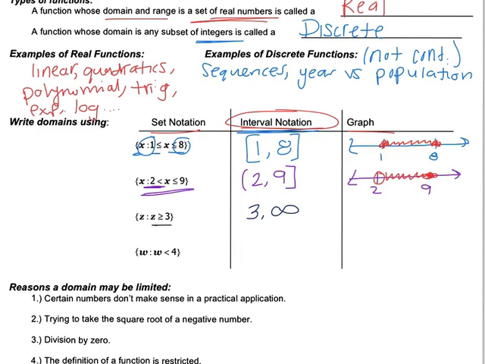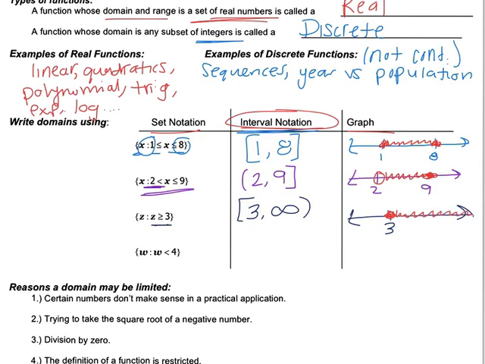So you can see that 3 is included because it can be greater than or equal to 3. So we're using the bracket to include it. You can't technically include infinity because it continues infinitely. So that's always a parenthesis with infinity. To graph this on a number line, you would just make the note of 3 being included and then shade everything to the right all the way up to the arrow, which indicates it continues.